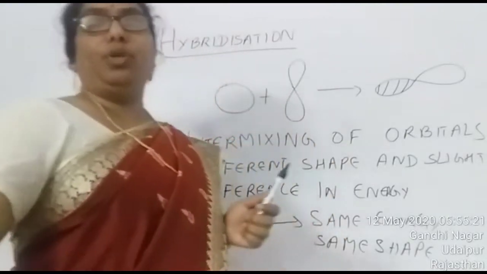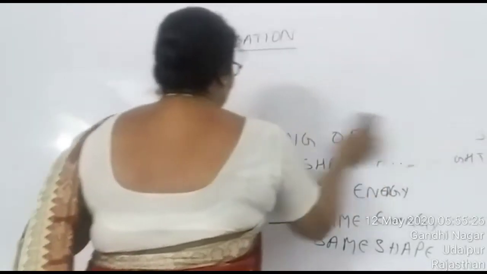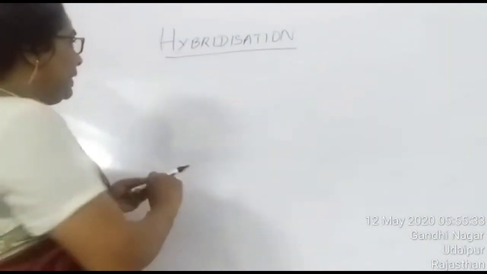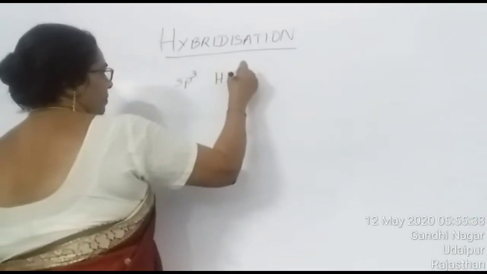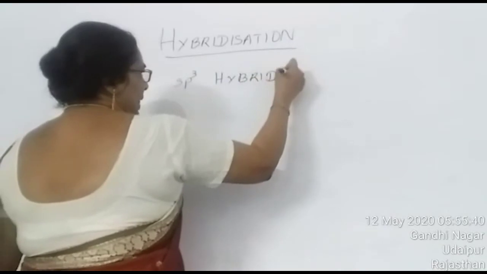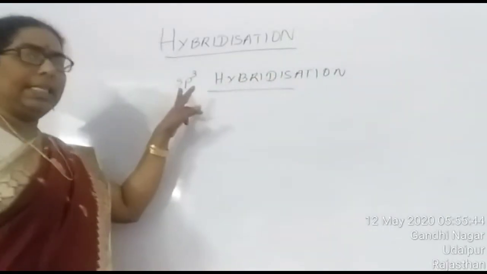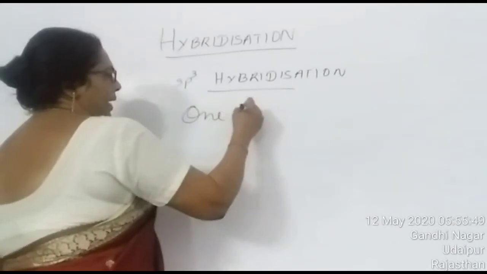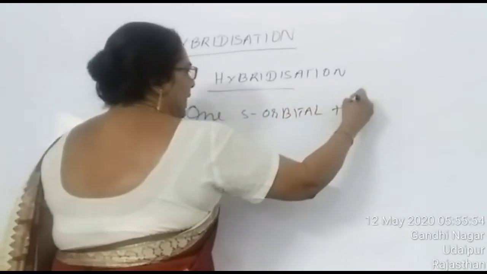Now we have to study different types of hybridization. The first one, let us consider sp3 hybridization. It involves the mixing of one s orbital with three p orbitals.